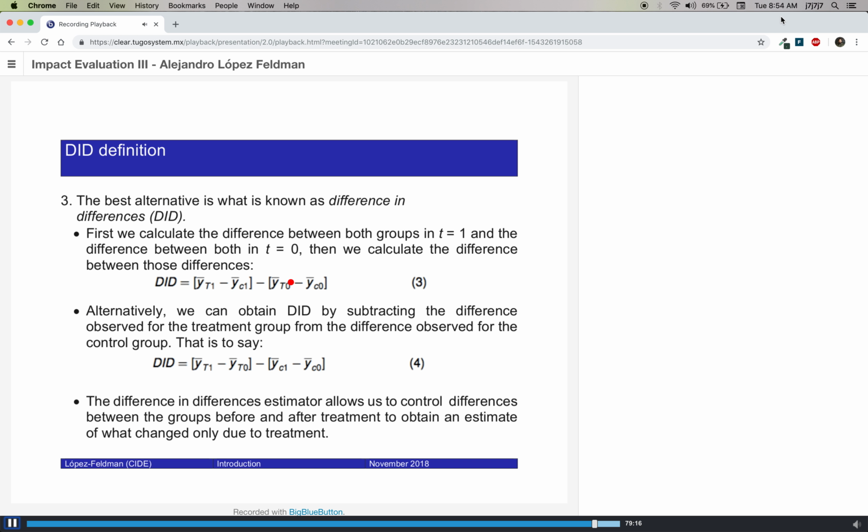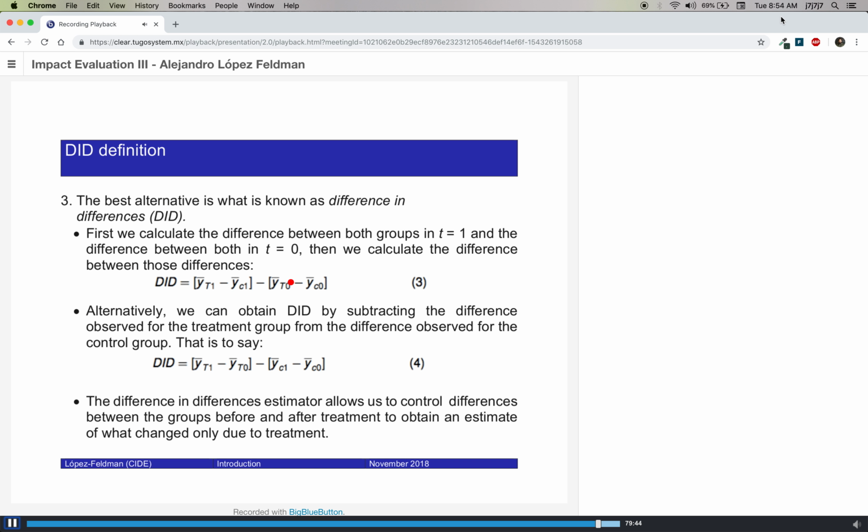Let's suppose we're talking about income. So income for the treatment group without the program, because in year 0 neither has the program. So we take this difference, and on average, the treatment group has an income more than $100 higher in comparison with the control group. So the difference is equal to $100. This is an intrinsic difference between both groups.